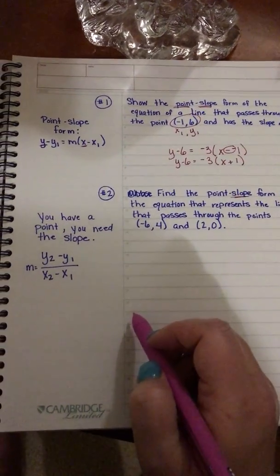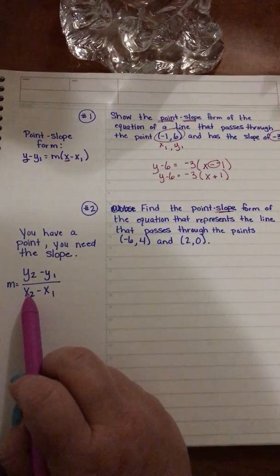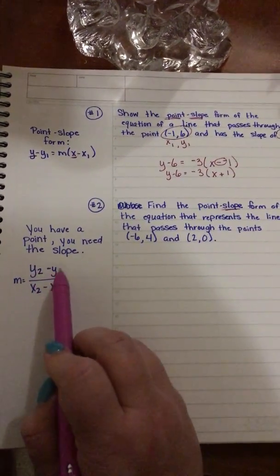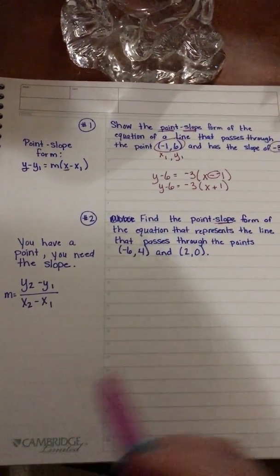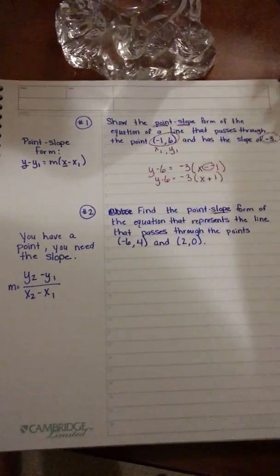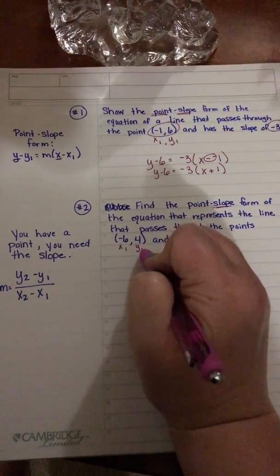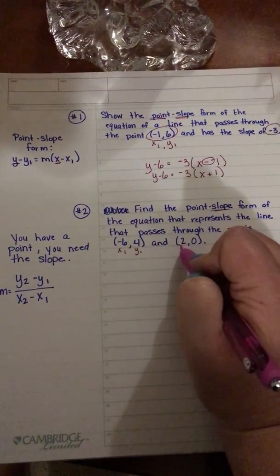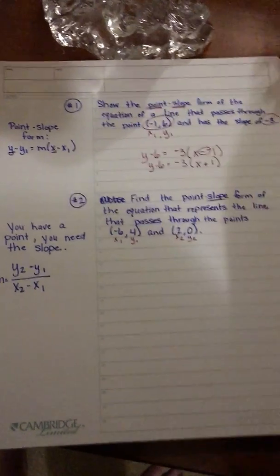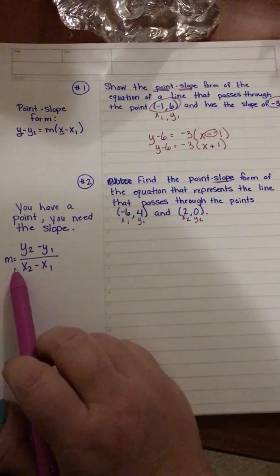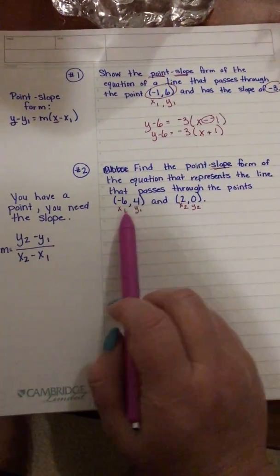In order to find my slope, I use this equation. m, which means slope, equals (y2 - y1) / (x2 - x1). To solve this problem, I'm going to label my point x1, y1, and my second point x2, y2.